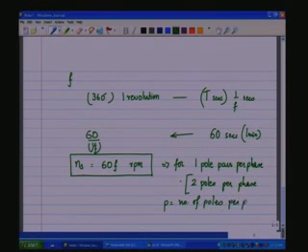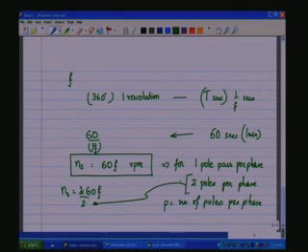If it is two poles, then let us say P is the number of poles per phase. Then NS will be 60 into F, let us say, into 2 by 2. This should be for two poles, so that you still have the same result. This will be 120 F by 2, where 2 indicates number of poles.